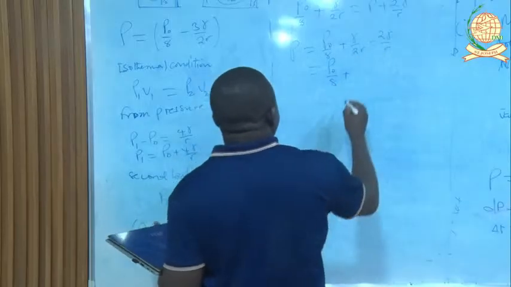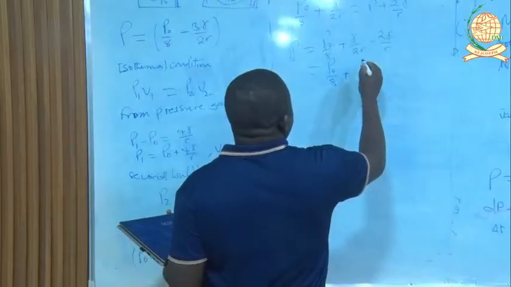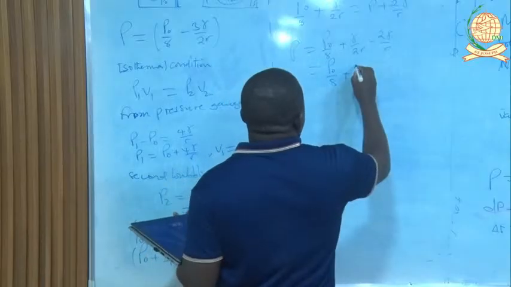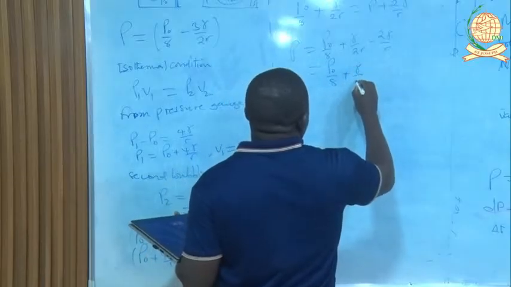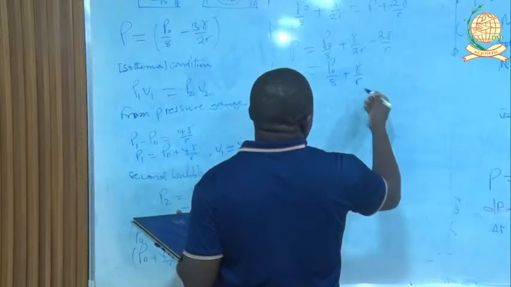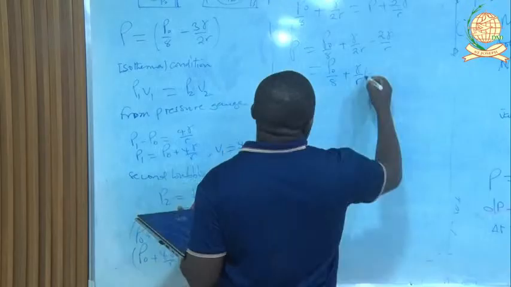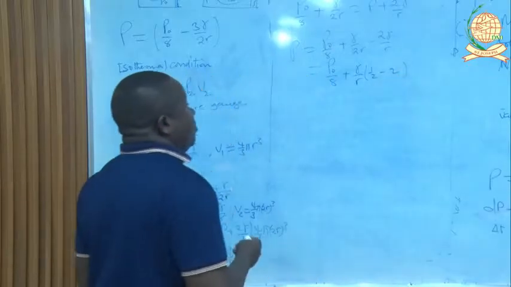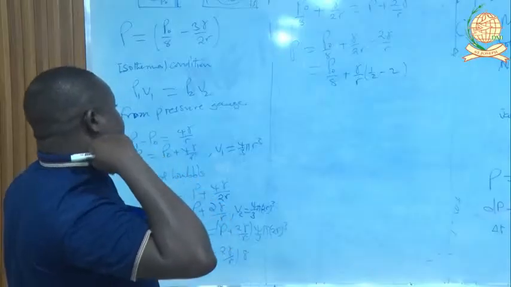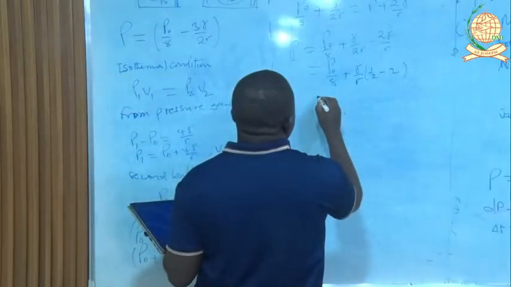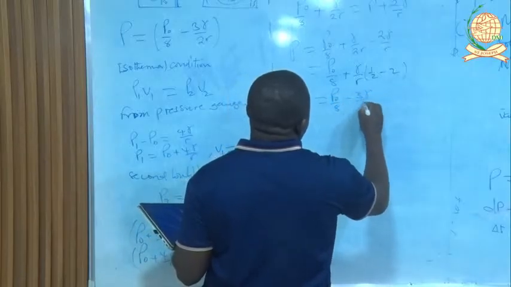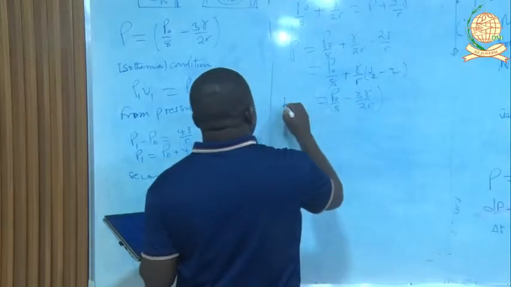Taking the LCM, I want to take outside the gamma over R. What remains inside is just one half minus 2, so it is 1.5, which is negative. 1.5 is the same as 3 over 2. So this will be P0 over 8 minus 3 gamma over 2R. Then shown.